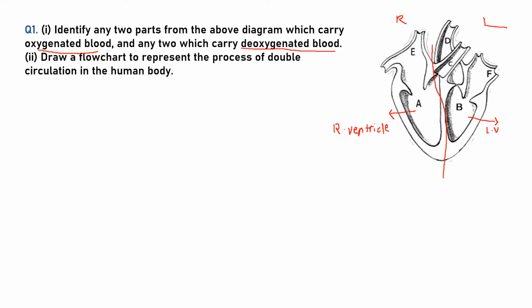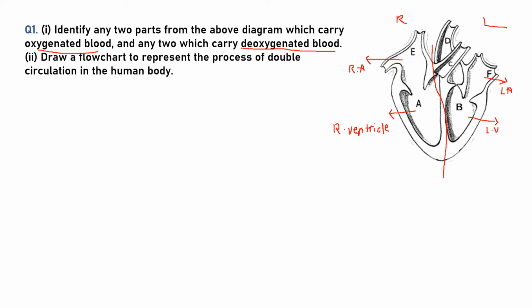This is my right atrium, RA. I'm writing a short form, children, over here. And this is my left atrium. As you all know, the right part of the heart will always have what type of blood? Deoxygenated blood. What do you mean by deoxygenated blood and oxygenated blood?